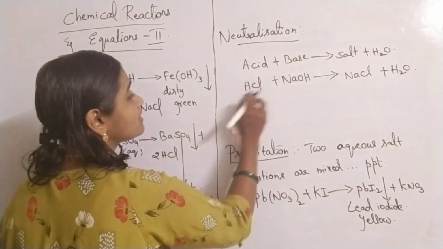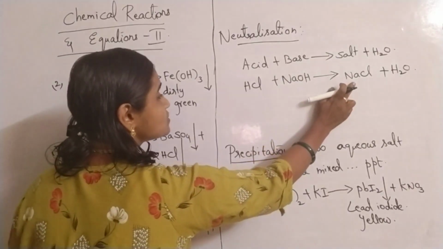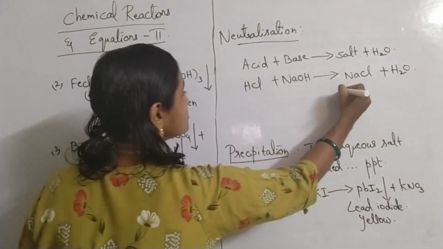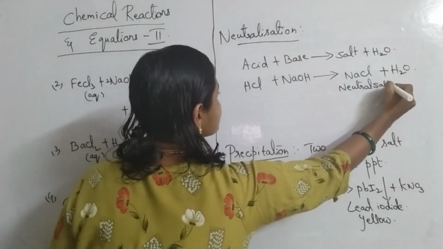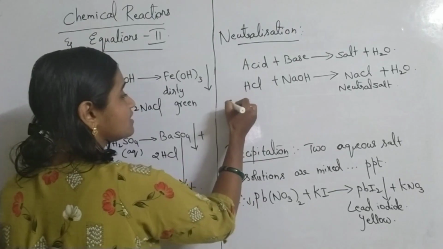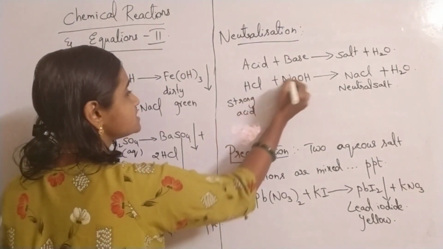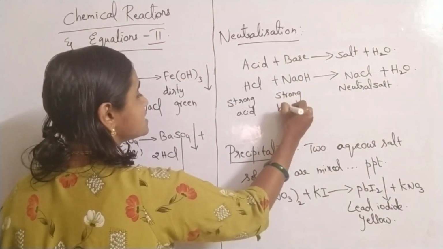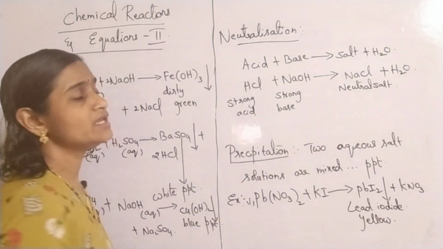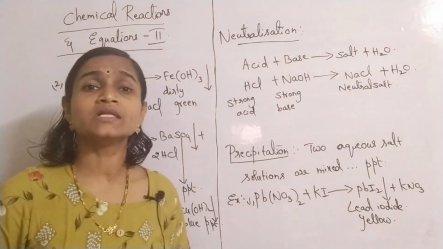Here you have taken a strong acid and a strong base, and the salt formed is a neutral salt. Please remember, if you take a strong acid and a strong base, HCl is a strong acid and NaOH is a strong base, then you will get a neutral salt. NaCl is a neutral salt.